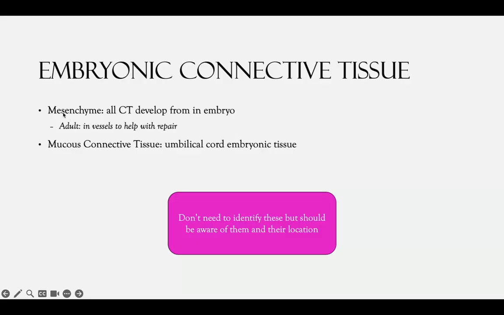So this mesenchyme is kind of lost as we mature and grow. However, it can still be seen in adults in some blood vessels, where the mesenchyme tissue would be helping with repairs, but that is rare. Okay, so all connective tissues developed from mesenchyme, and that's how they're all categorized as connective tissue. Right, and mesenchyme is located in the embryo.